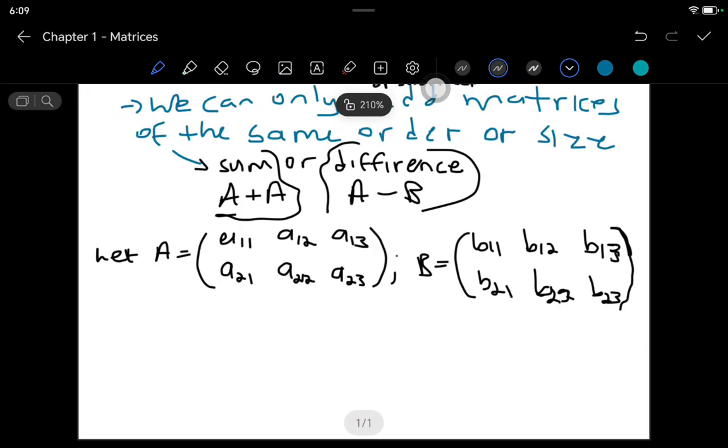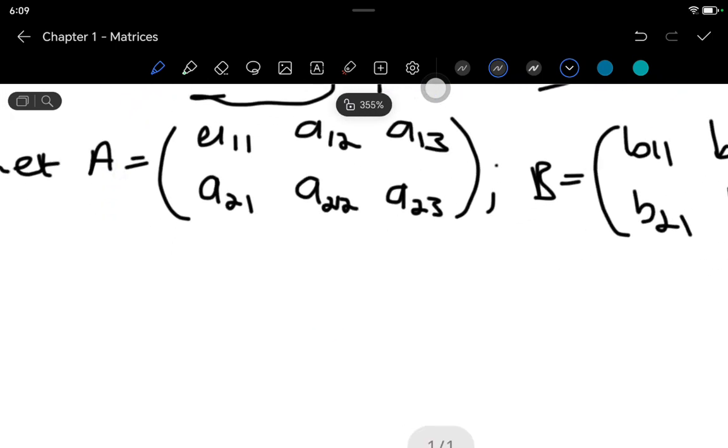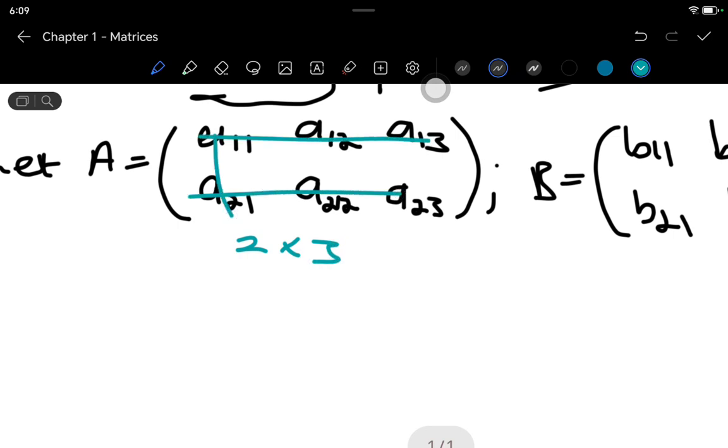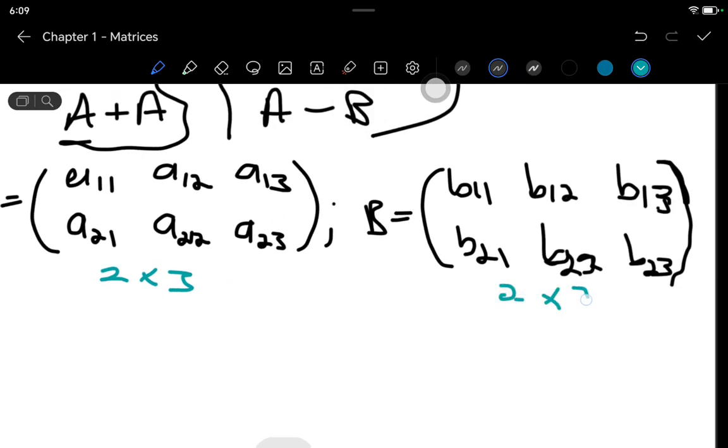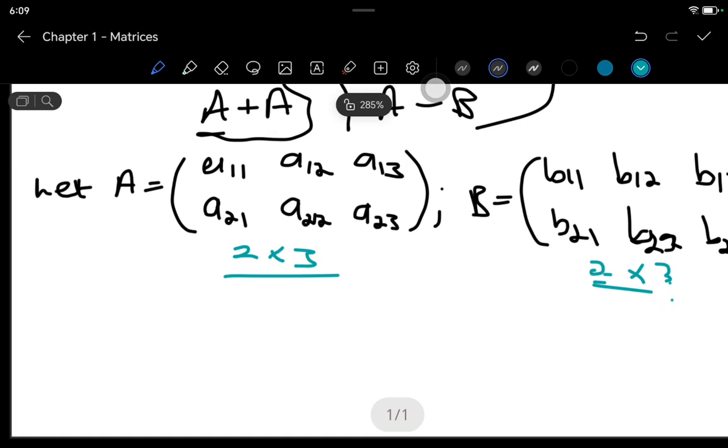Now, if I'm going to add or subtract these matrices, let's check the order of this. It's 2 by 3, 2 rows, 3 columns. And also this one is also 2 by 3. The size of the matrices is the same.